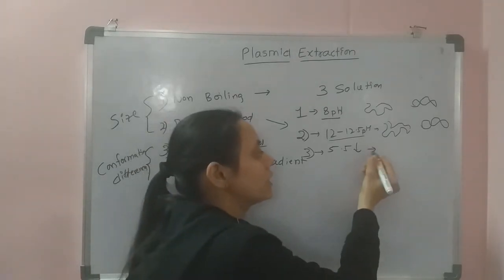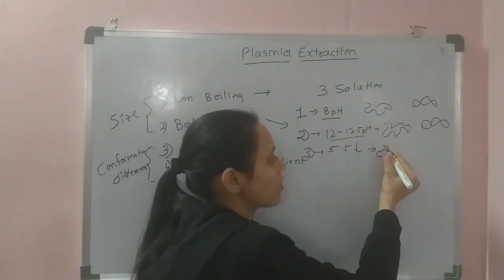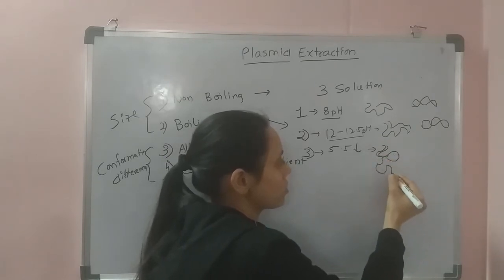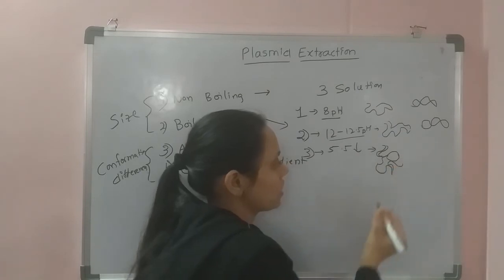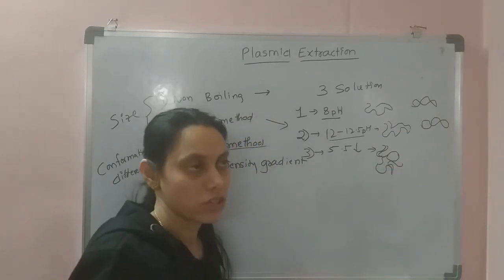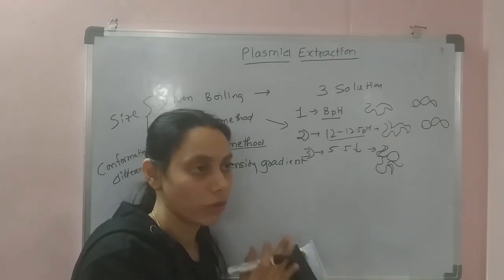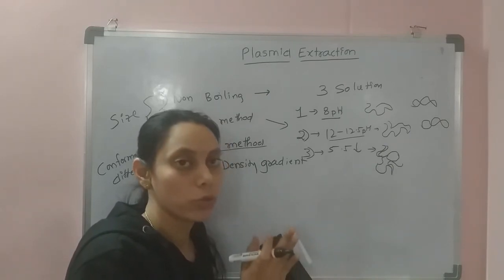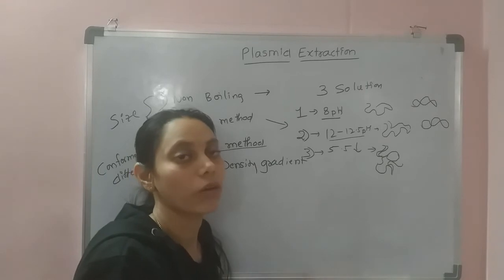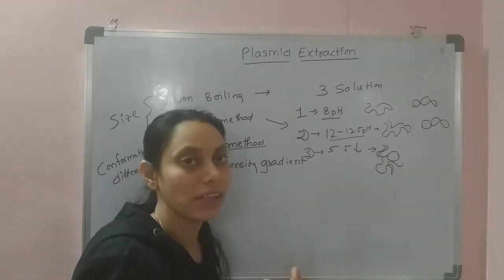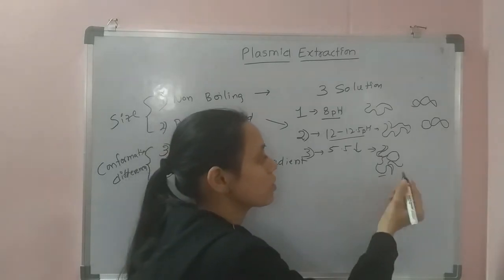So the genomic DNA will be rapidly renatured. Due to this rapid renaturation, proper complementary bonds will not be formed. The two parallel strands will not be easily coupled, but clumps or aggregates will be formed with the genomic DNA.